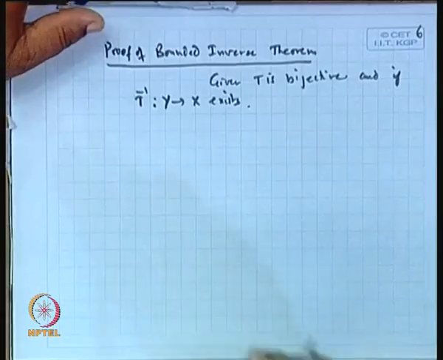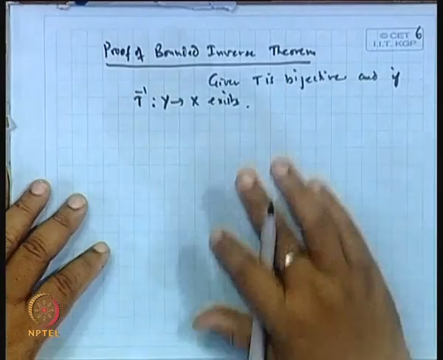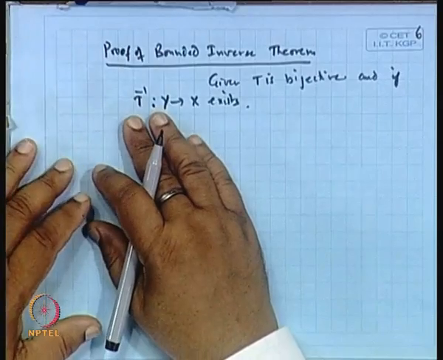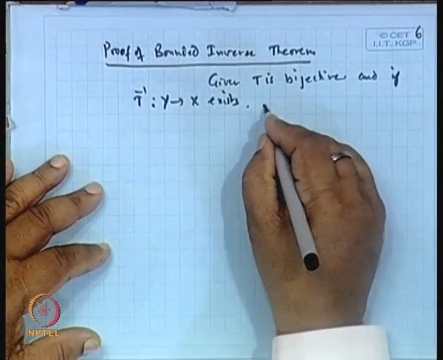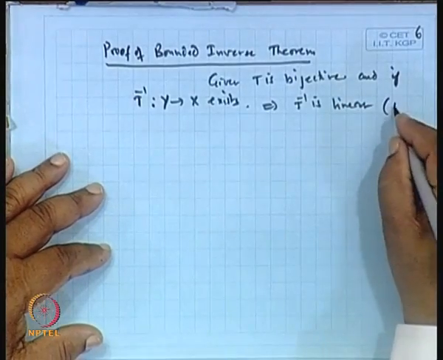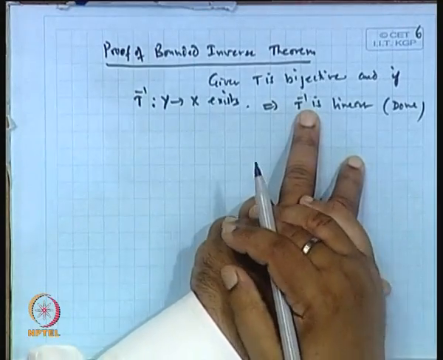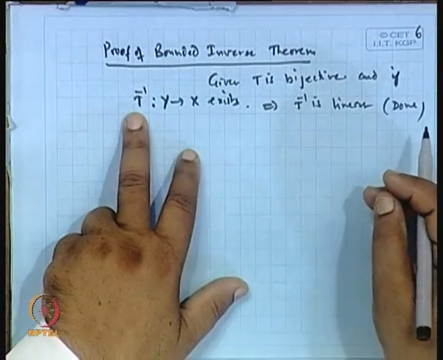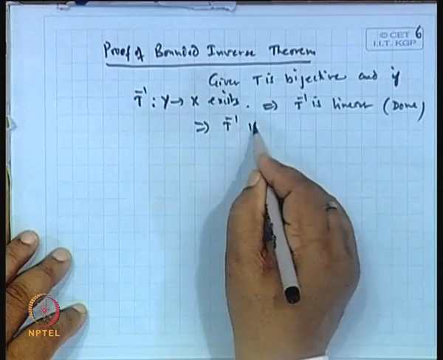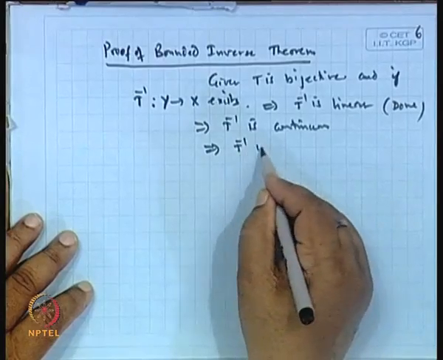Now, there is one result which we proved earlier. If T is a bounded linear operator, and T is one-one and onto so the inverse exists, then the inverse is also linear. So, this implies T inverse is linear. This was already done earlier. And again, because T inverse is linear and T is continuous, T inverse will also be continuous, and once it is continuous, then it is bounded.